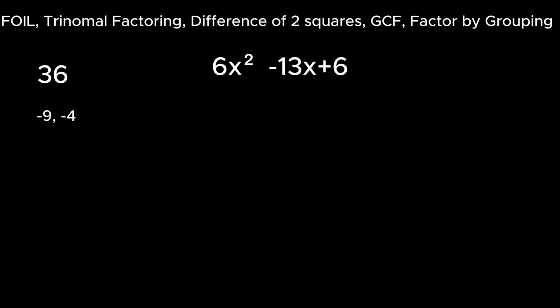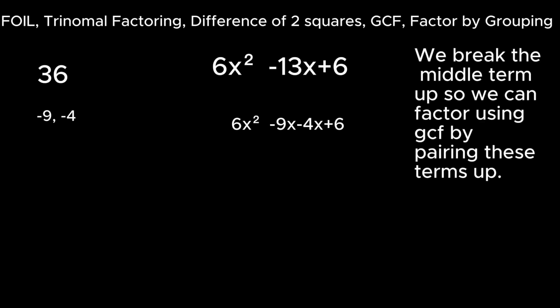So you would do 6x squared minus 9x minus 4x plus 6. And you see how we didn't take any numbers out. All we did was just rearrange this equation. We just broke this equation up. So you get 6x squared minus 9x minus 4x plus 6.